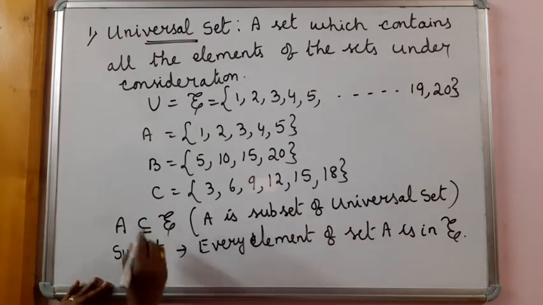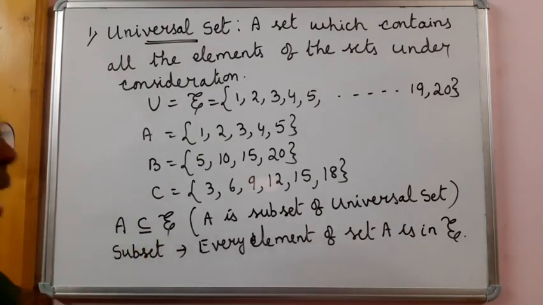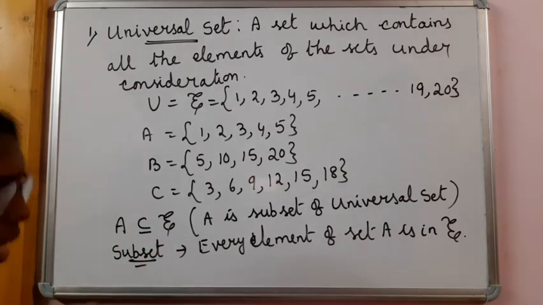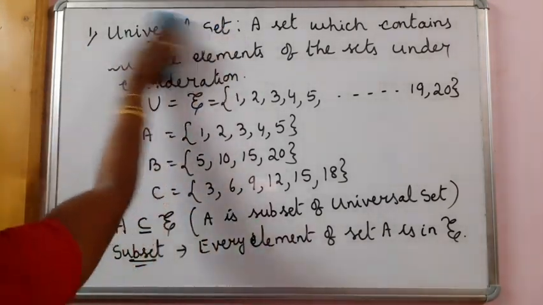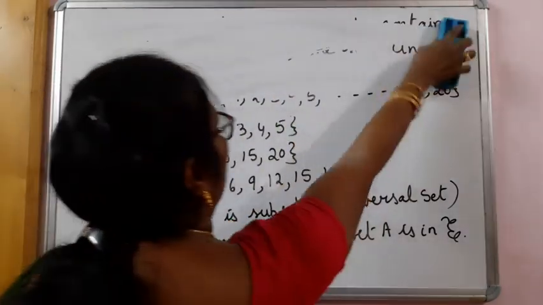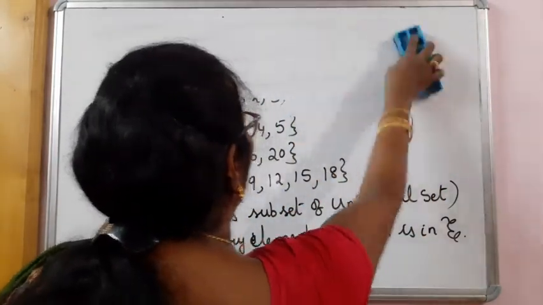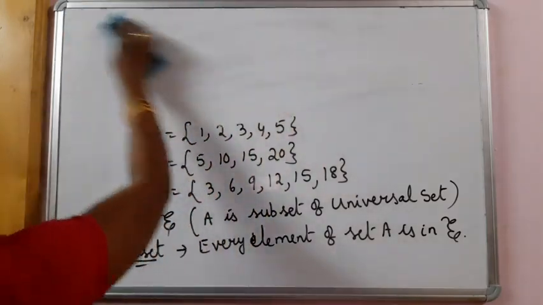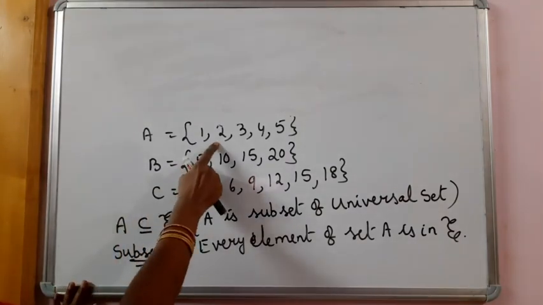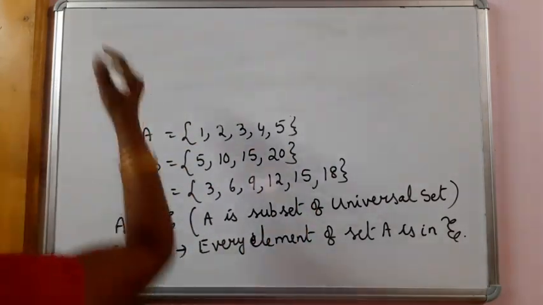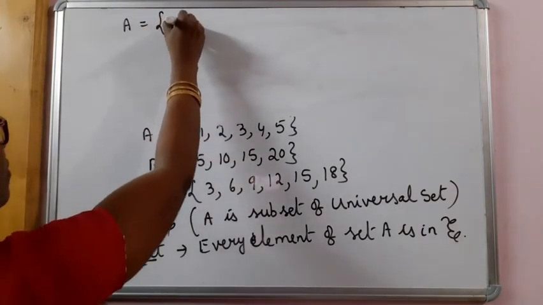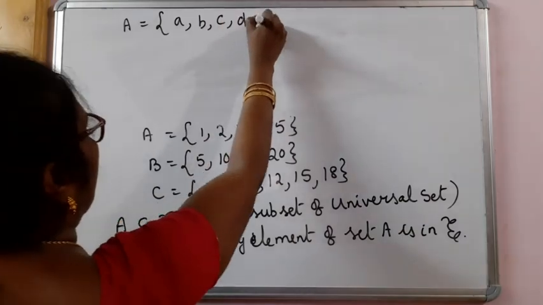Sometimes the number of elements of A and the number of elements of other sets may be equal, so let me explain with one more example what is a subset and what is a proper subset. Suppose A has a, b, c, d, e, f.